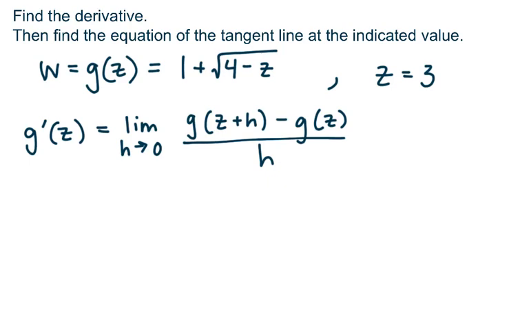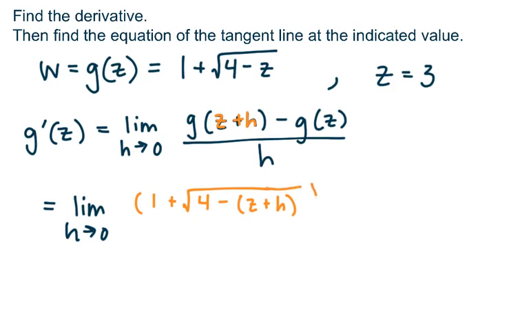So setting this up, I would have, this is equal to the limit as h approaches 0 of, now, z plus h, that is going to be 1 plus the square root of 4 minus z plus h.